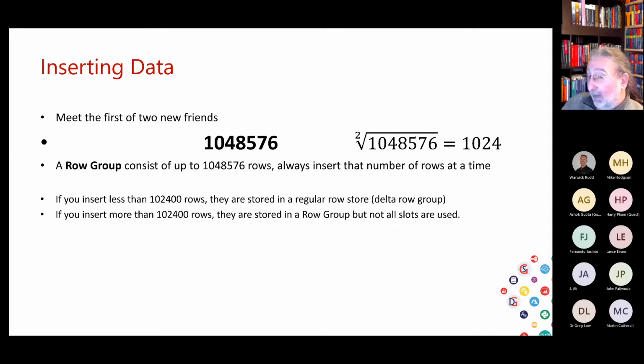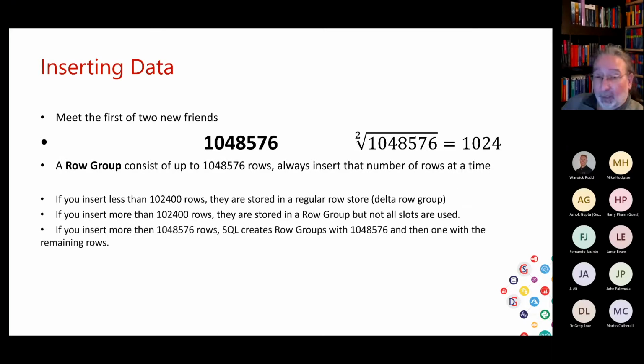Because if duplicate values exist, and there's one copy in this row group and one copy in the second row group, they cannot be compressed with each other. But if they're both in the same row group, they will be compressed with each other, so SQL Server figures it out and stores the value only once. So not putting in the full number of rows in a row group will always waste the ability to compress.